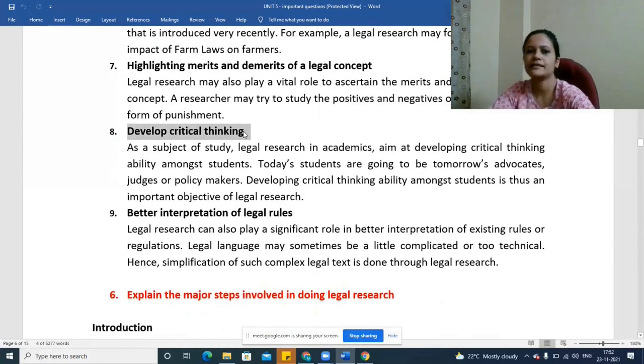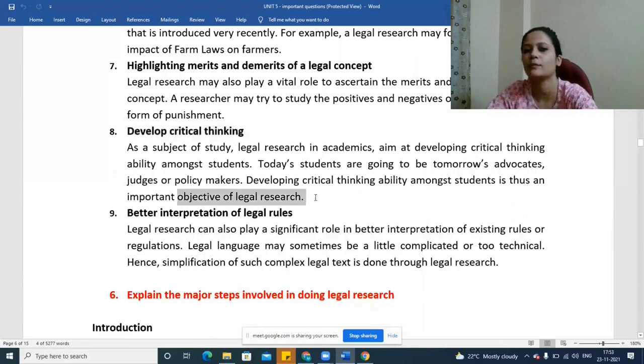Next one is developing critical thinking. As a subject of study, legal research in academics aims at developing critical thinking ability among students. Today's students are going to be tomorrow's advocates, judges, policymakers, and whatnot. So developing critical thinking ability is very much important.